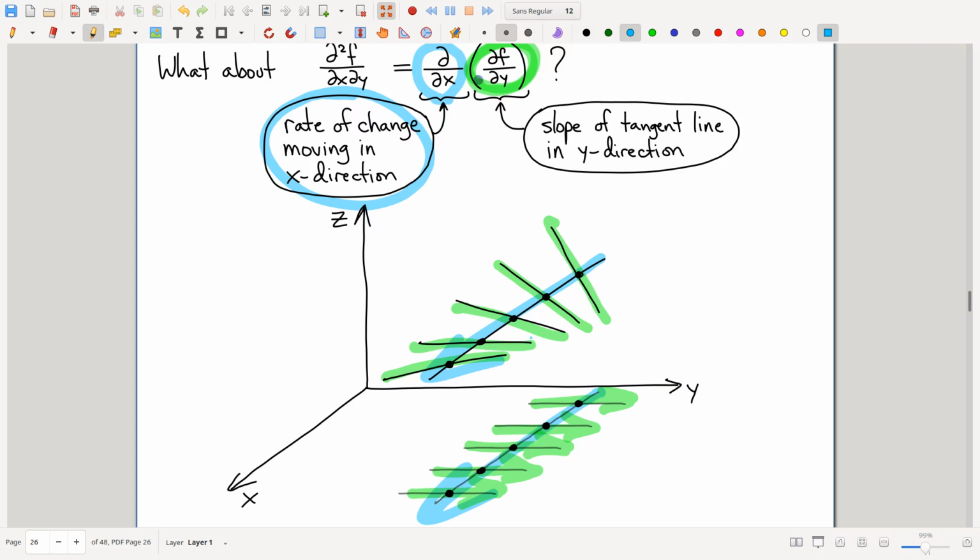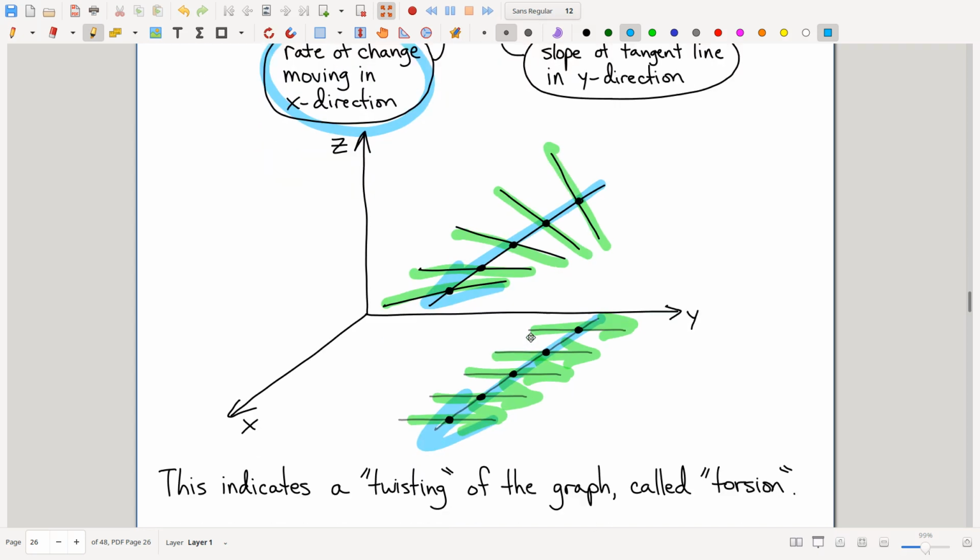I don't know where to find a piece of stretchy rubber. Anyway, imagine I have a piece of stretchy rubber in my hands, and I'm twisting the rubber. And so you can imagine a kind of twist in the surface. And that's what this mixed partial represents.